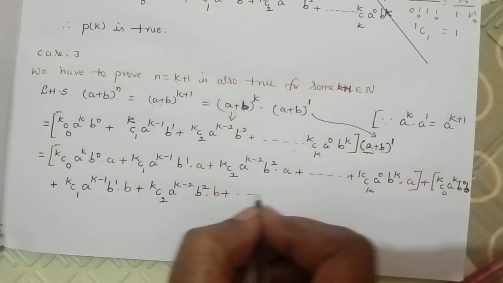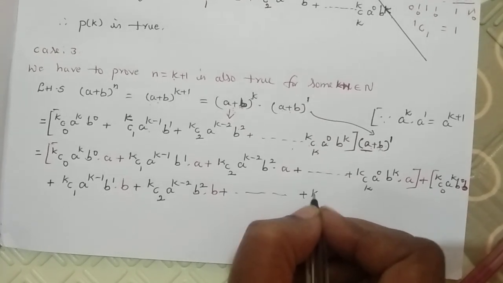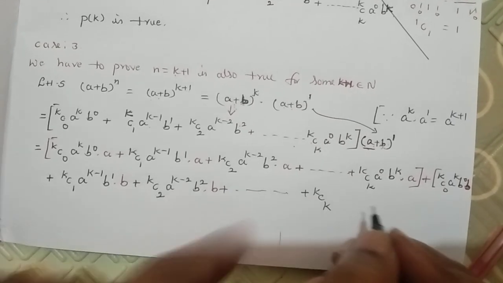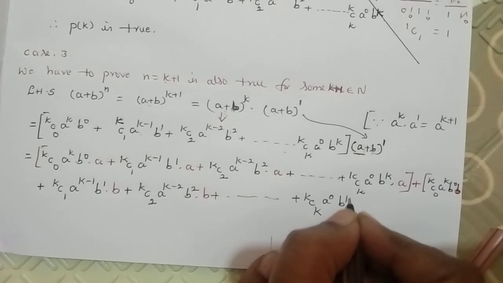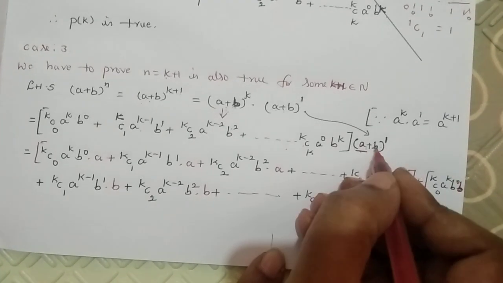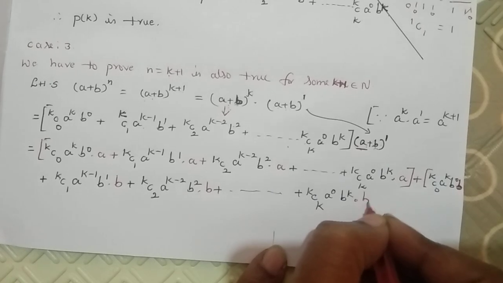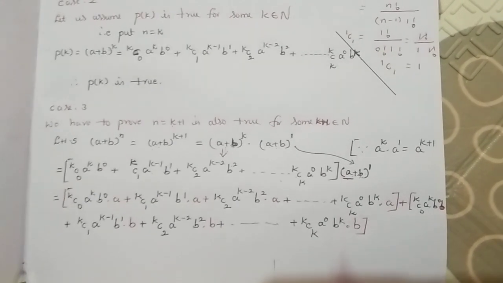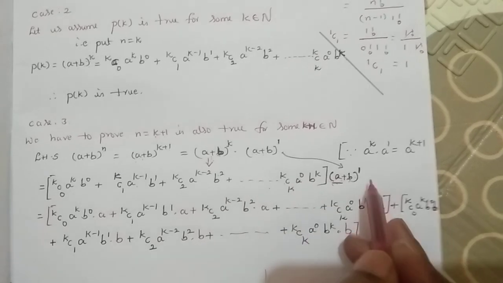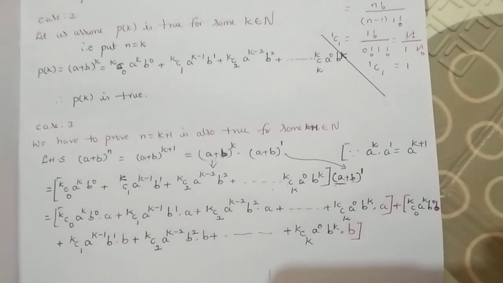Plus kC2 a^(k-2) b^2, multiplied with the second variable b. Plus so on, kCk a^0 b^k multiplied with the second variable b. So this completes the multiplication of a into the complete term and b into the complete term.